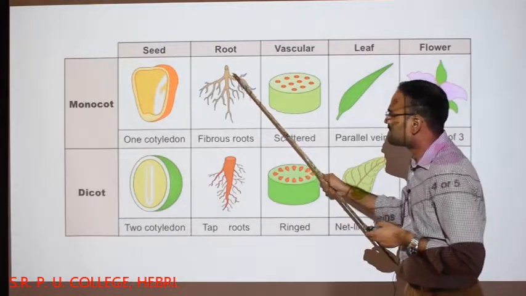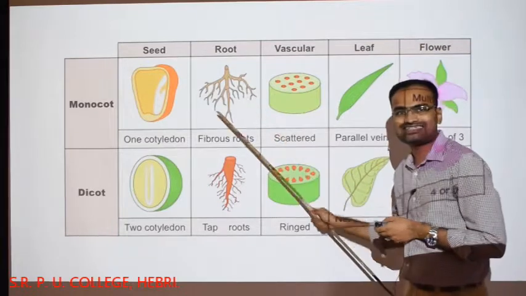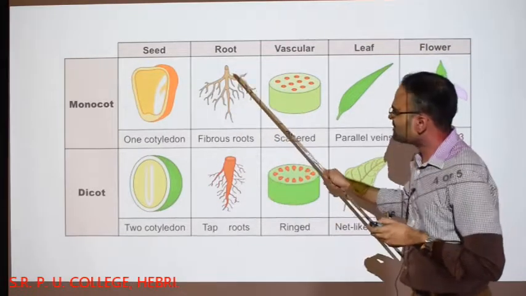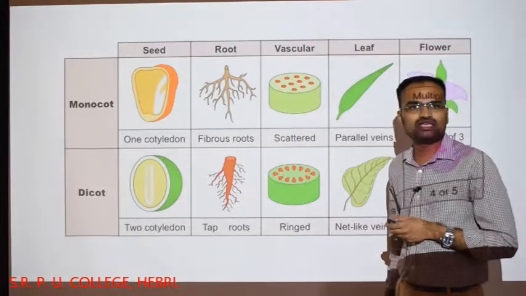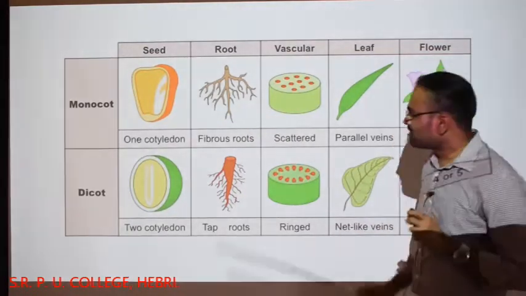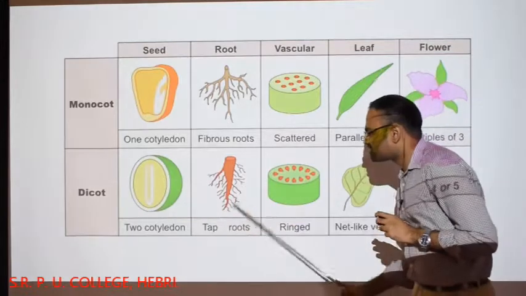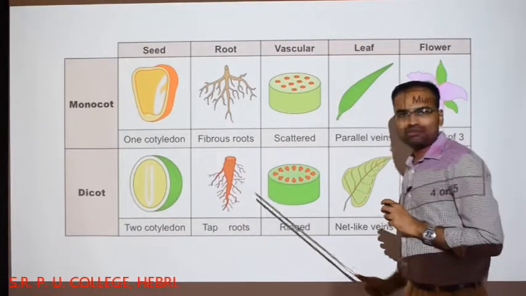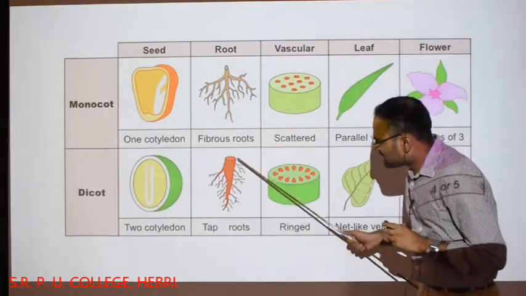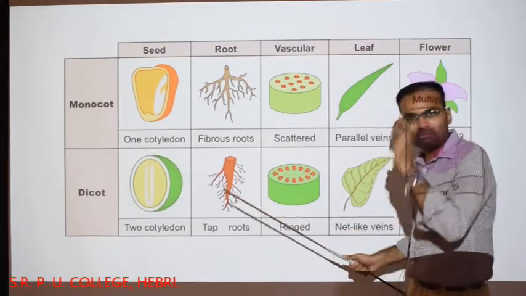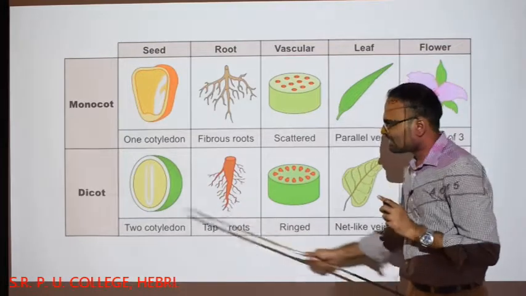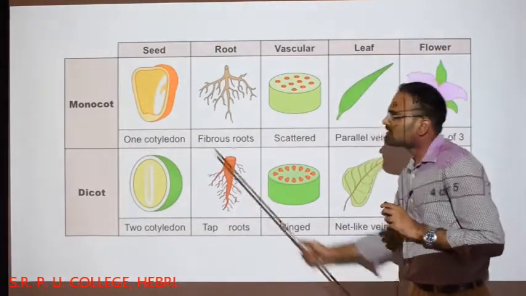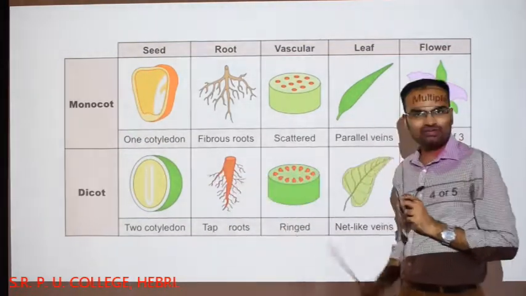The primary root is not persistent throughout life. This primary root has been replaced by small roots called fibrous roots in monocots. In dicots, the root is called a taproot. It means the primary, thicker, bigger root is present throughout the lifespan of the plant. Understood? In dicots it is taproot, in monocots it is fibrous roots.